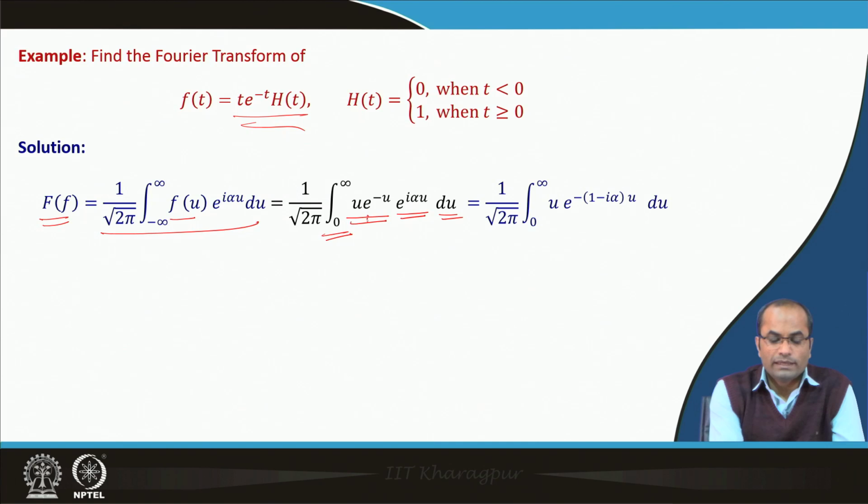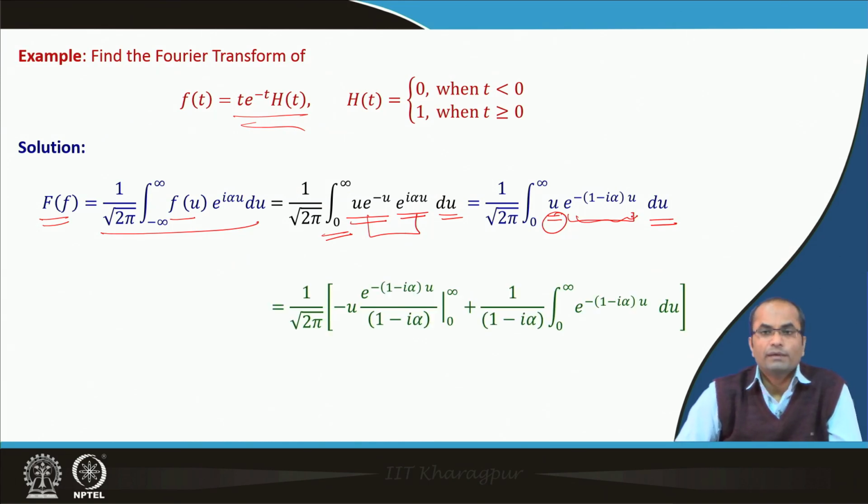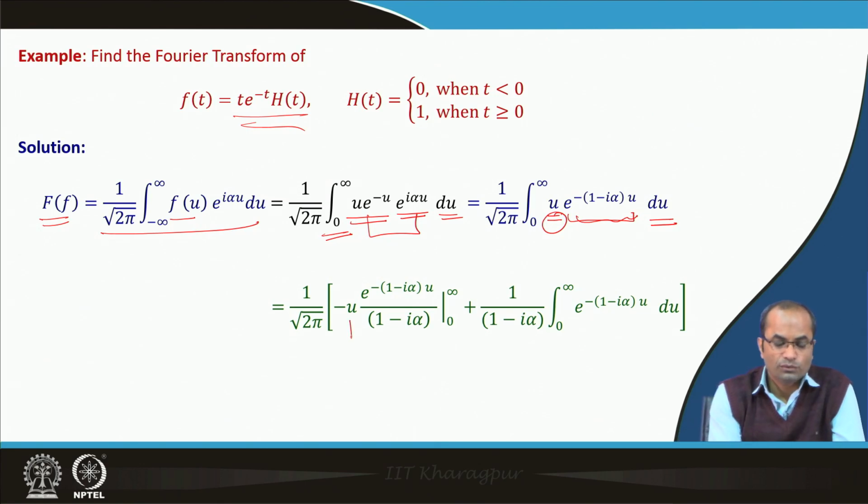So then we can combine the exponentials there. We still have u there, and then the exponential e^((1 - i alpha)u), and this integral over du. Because the u is there and then the exponential is there, we have to integrate this by parts. So integrating by parts, the u as it is and then the integral of the second one.